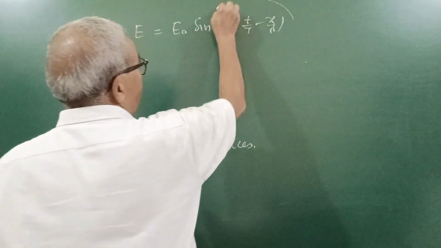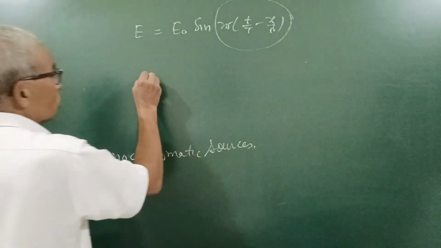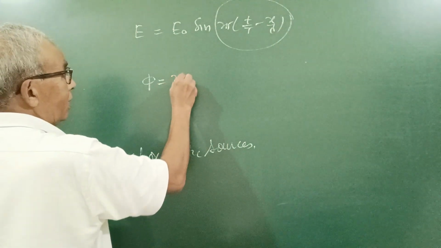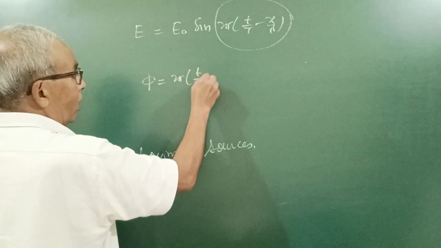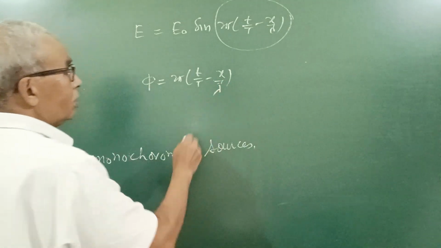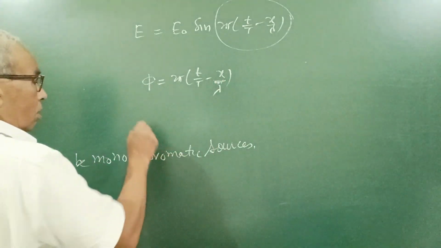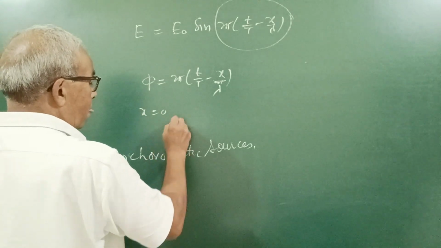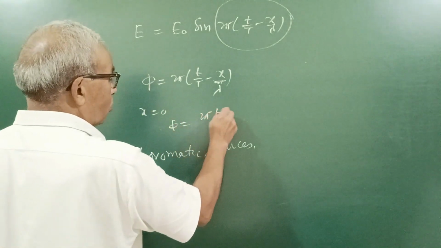And I have told many times that this is the phase. So the phase of the wave or electric field is 2π(t/T − x/λ). If I choose x equal to 0, meaning the origin, then the phase will be 2π t/T.